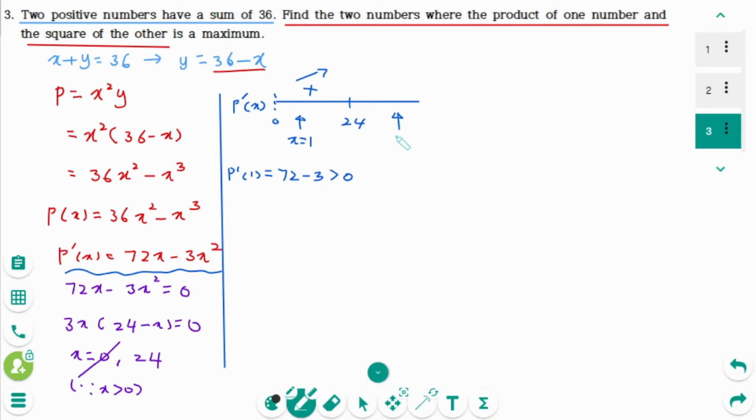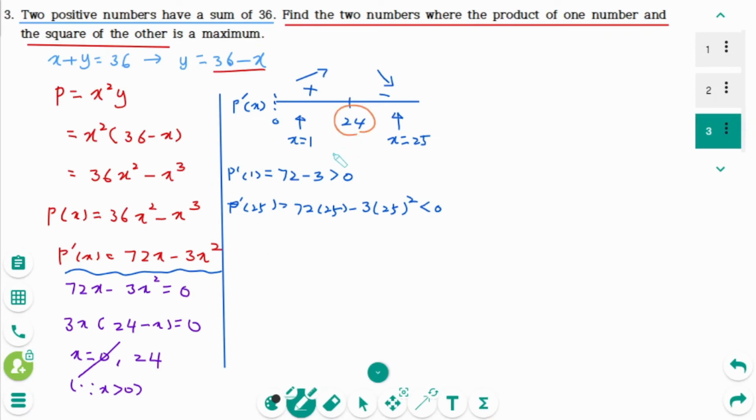And the testing number is 25. P prime of 25 equals 72 times 25 minus 3 times 25 squared, which is less than 0. P prime changes from increasing to decreasing at x equals 24.